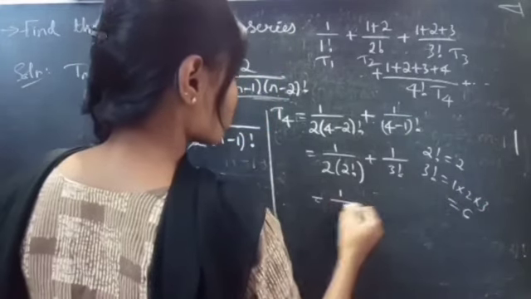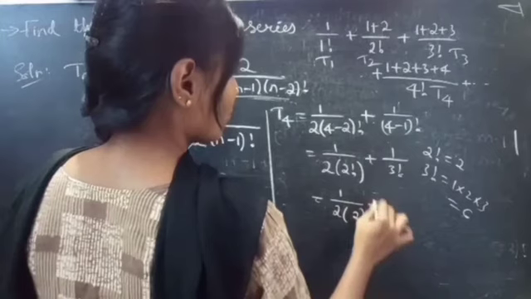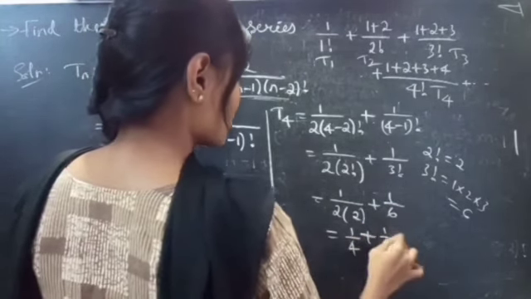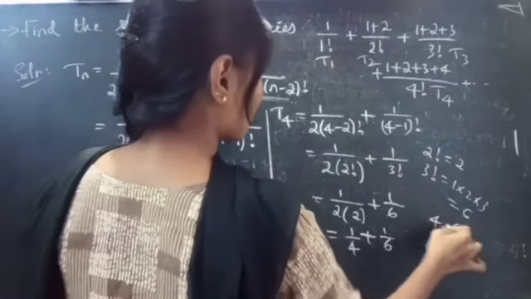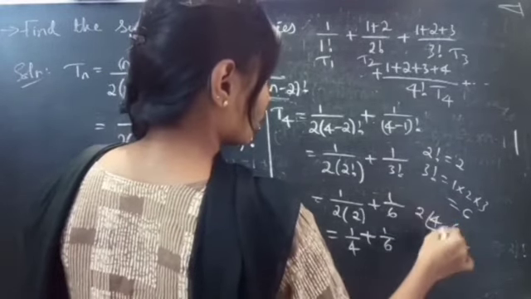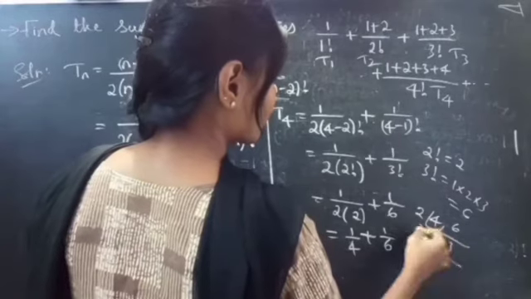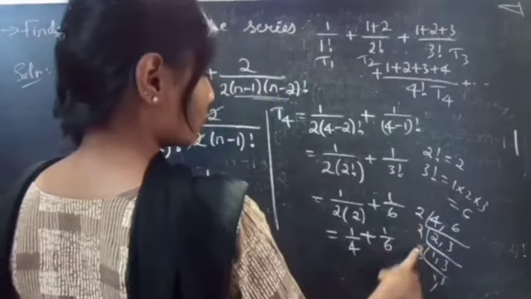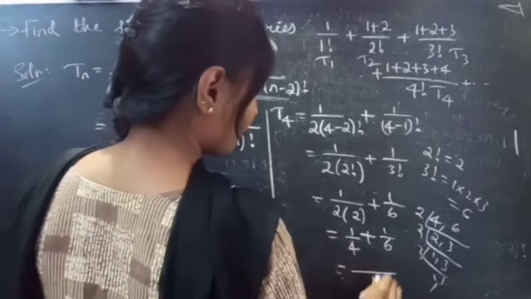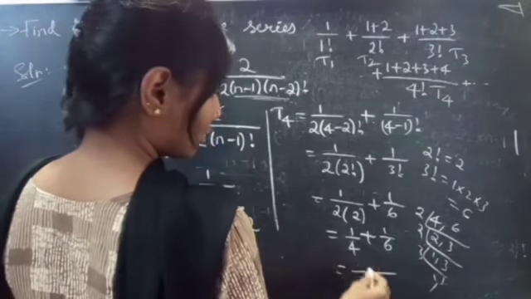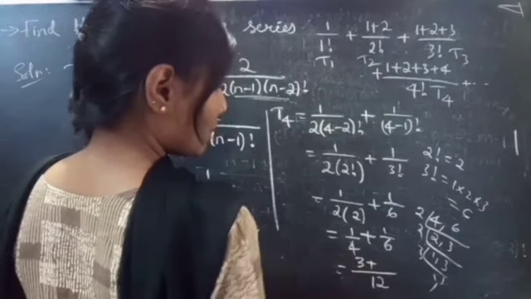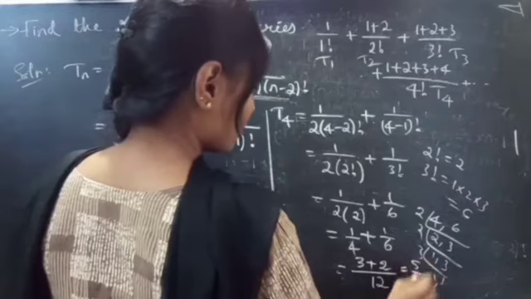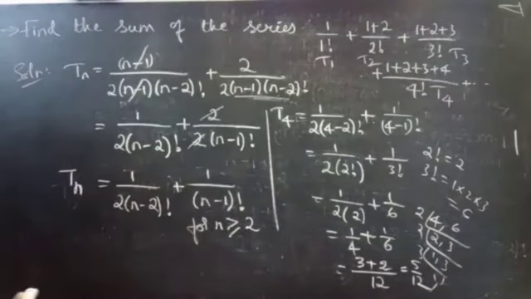So this equals 1 by 2 into 2 plus 1 by 6, which equals 1 by 4 plus 1 by 6. Now take the LCM of 4 and 6. 2 2s are 4, 4 3s are 12. So you'll get 3 plus 2, that is 5 by 12. Okay, remember 5 by 12.